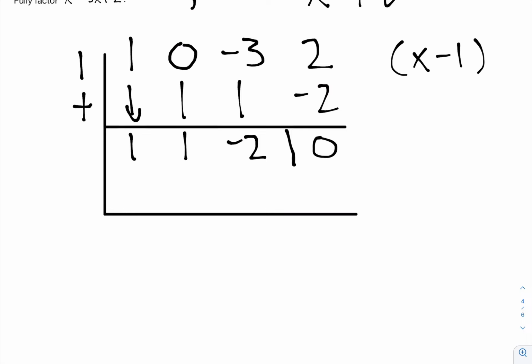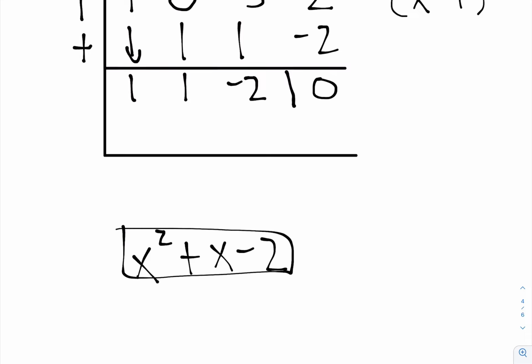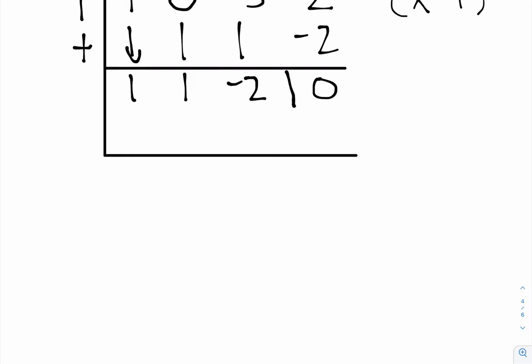Okay, so let's think of a number where our new function, x squared plus x minus 2, gives us 0 when we put in something for x. Well, if we did 1 again, we would get 1 plus 1 minus 2. That would work. So if we did 1 again, we'd also get a remainder of 0.